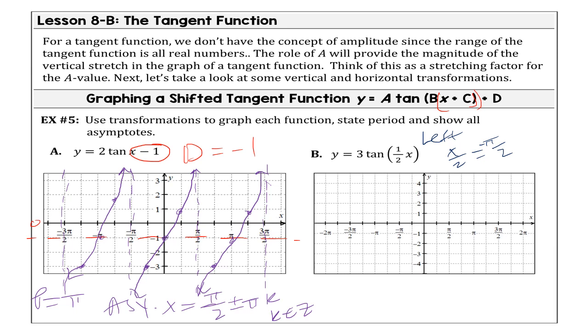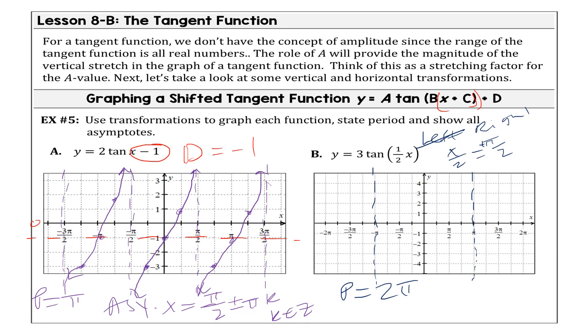So from the left side, my asymptote is now going to be at negative pi. The right is the exact same thing, but instead of negative, it is positive, so I'm going to be at positive pi. Based on this, I can establish that my period is not just 1 pi, it is now 2 pi long. And I'm going to find my halfway point.